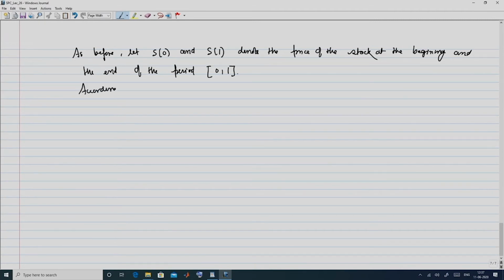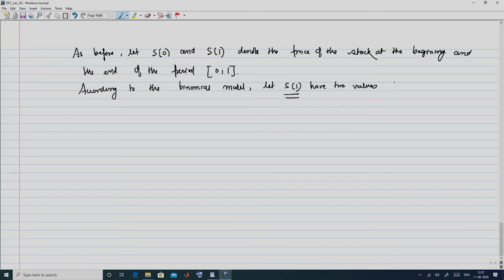According to the binomial model, let S1 have two values. We know that in the binomial model S1 will have two values.